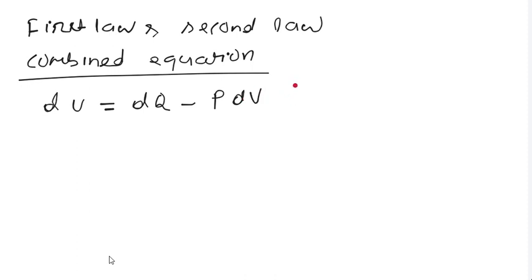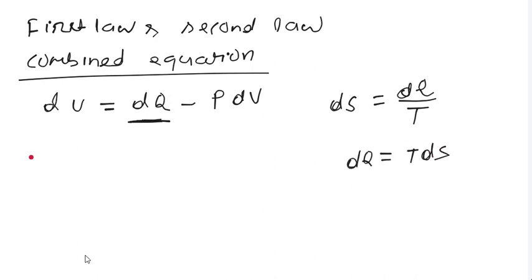In place of dq, we can use dS equal to dq by T, so dq equals TdS. So the equation will become dU equal to TdS minus pdV.